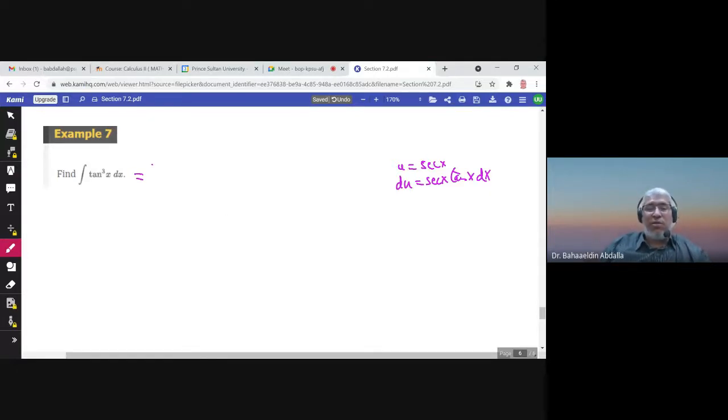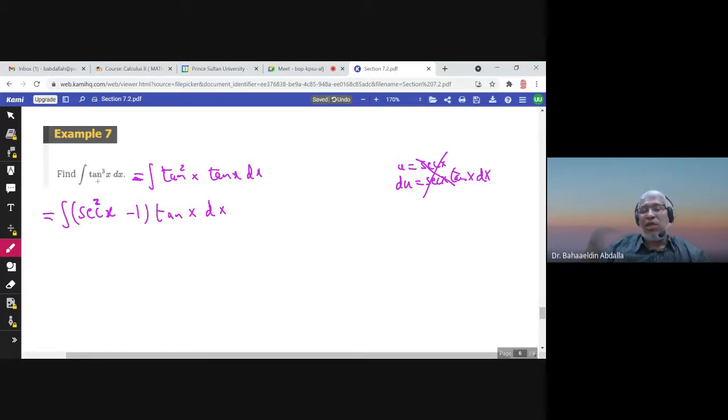Let us still write it as tan squared x times tan x dx. And now I cannot use this formula because I don't have secant in the question. If I change tan squared to secant squared, we said that tan squared plus 1 is secant squared. So tan squared is secant squared x minus 1, times tan x dx.